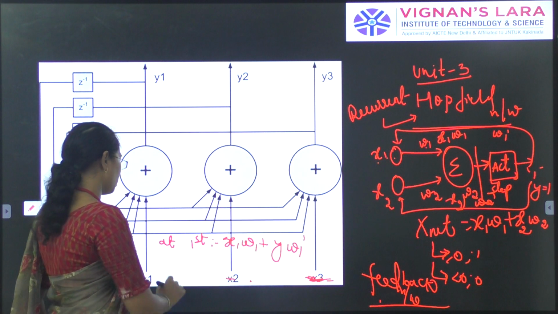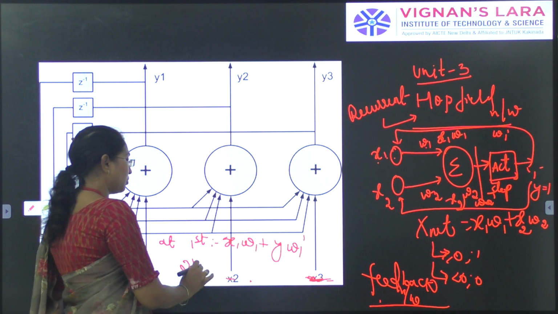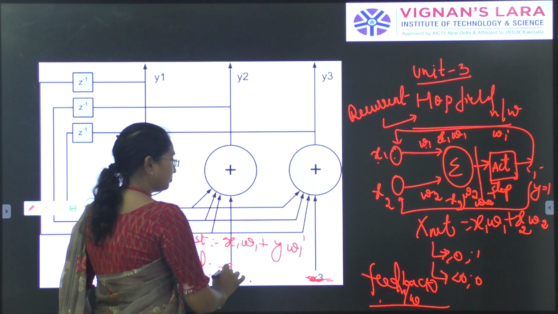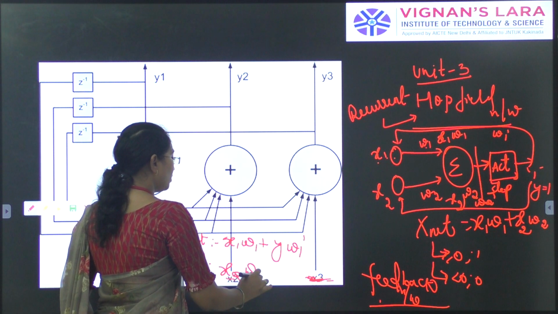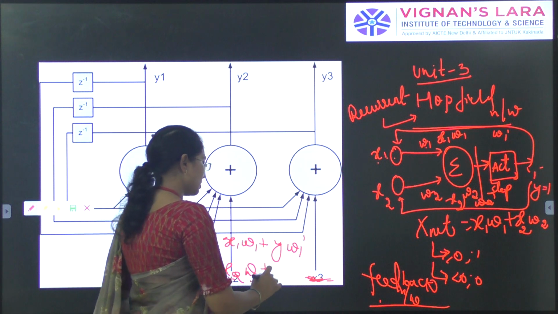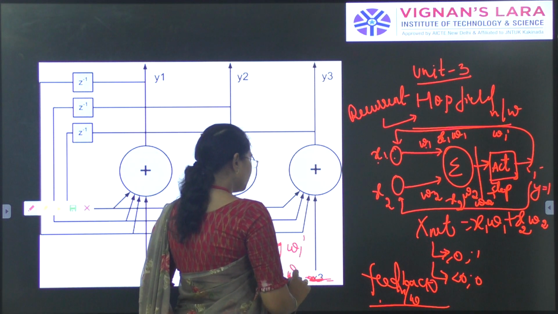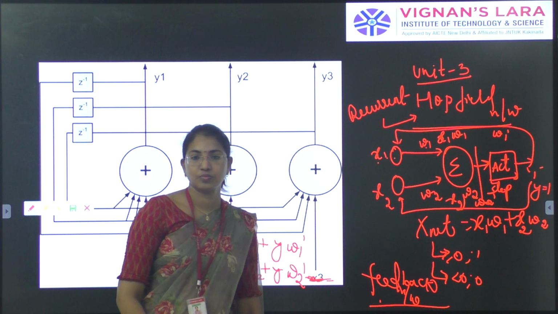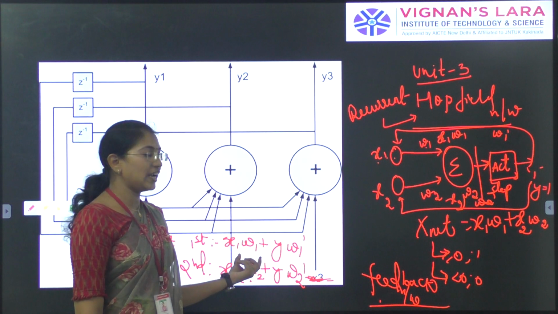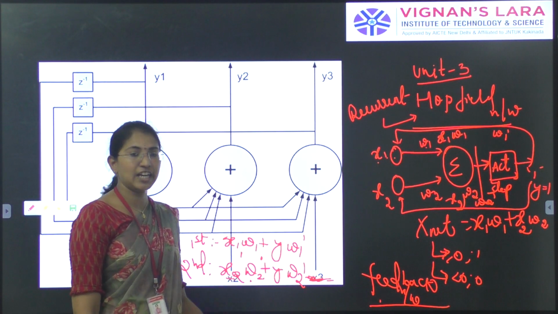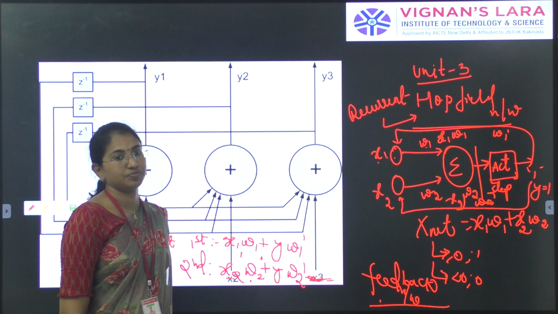At the second input, x2 w2 plus y into w2 dash. So this is obtained as the first input, this is obtained as the second input.